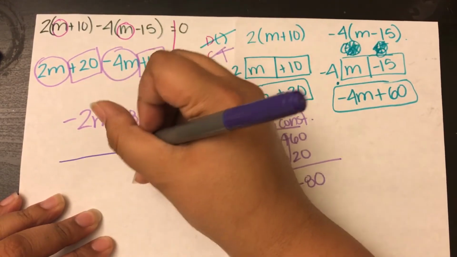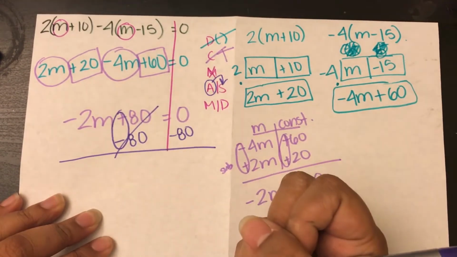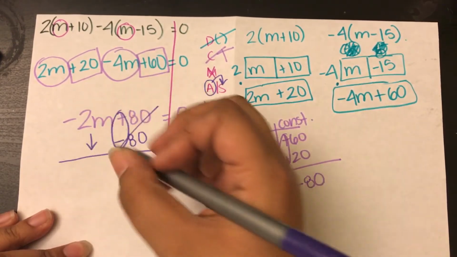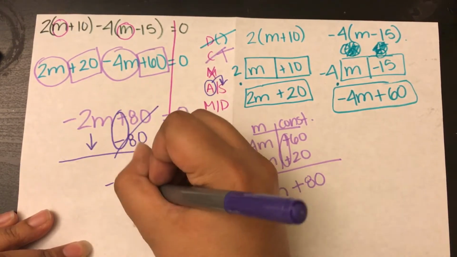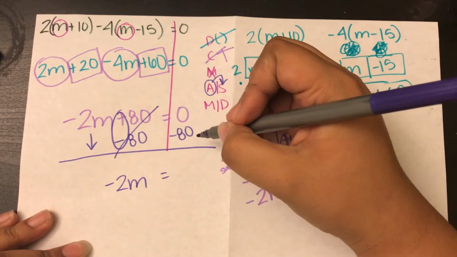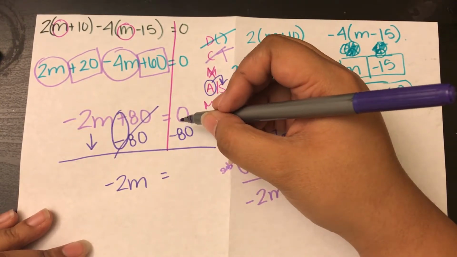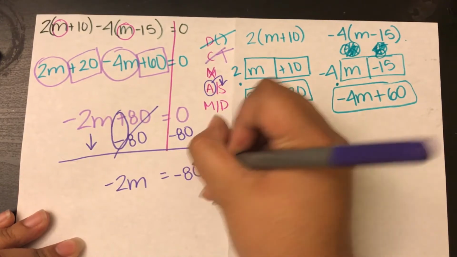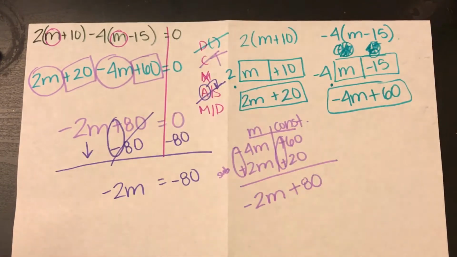Signs are different, so I subtract. That cancels out because 80 minus 80 is 0. Bring down this whole thing. So negative 2m is equal to, this is really easy. You have no money, you borrowed $80. You're in the hole, negative $80. That step is now done.